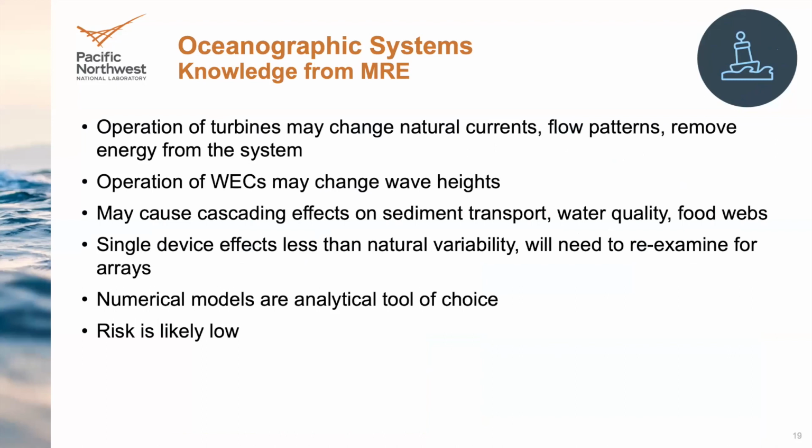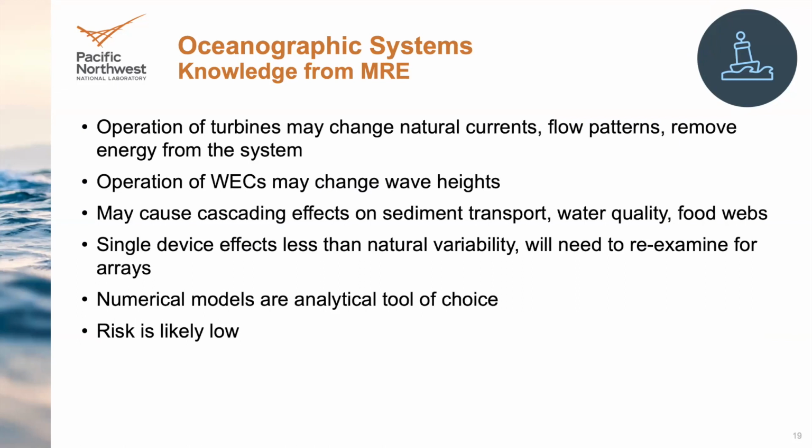Okay, oceanographic systems. Now, of course, the physical oceanography is what defines so much of what is habitats, where organisms live, dissolved gases, dissolved nutrients, and so on. And with marine renewables, if you had enough turbines in a place, you could change some natural currents or flow patterns, and even removing energy from the system is likely to do something.